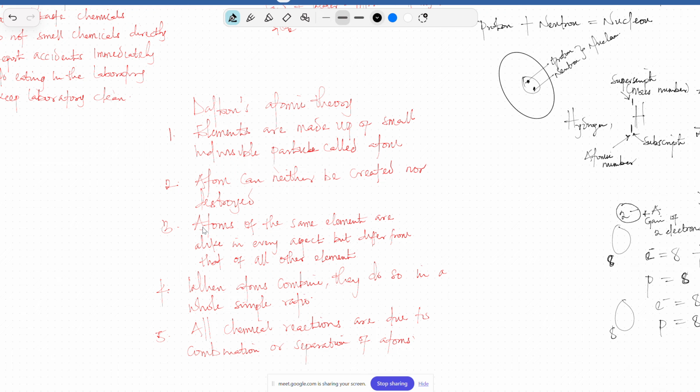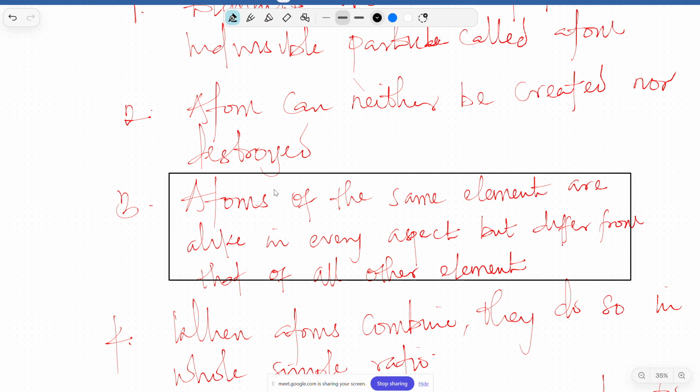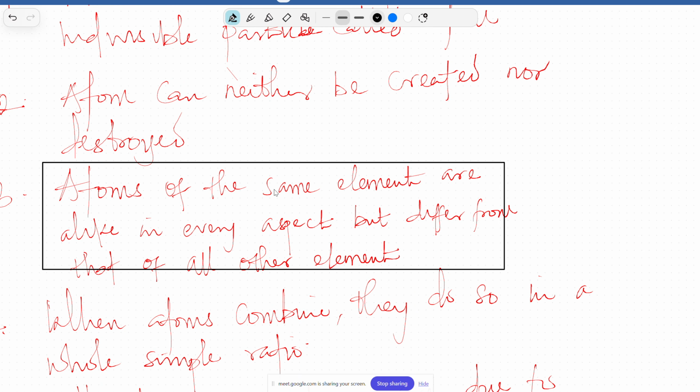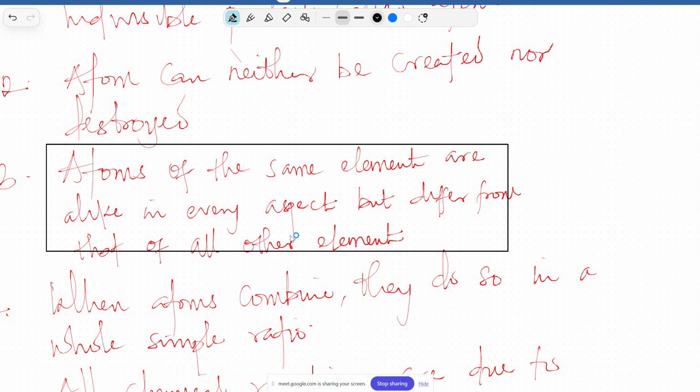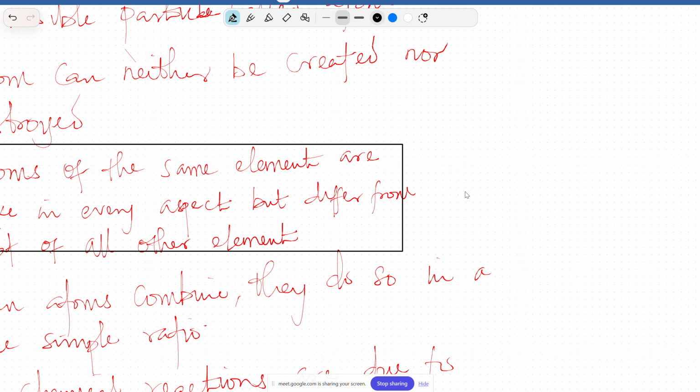This one, number 3. Atoms of the same elements are alike in every aspect, but differ from that of all other elements. They are not exactly alike, even though they are of the same element.